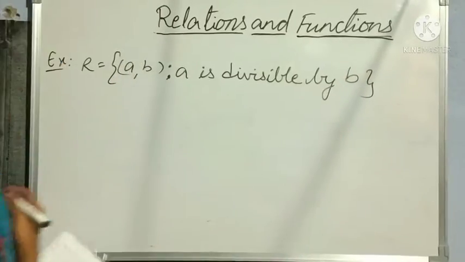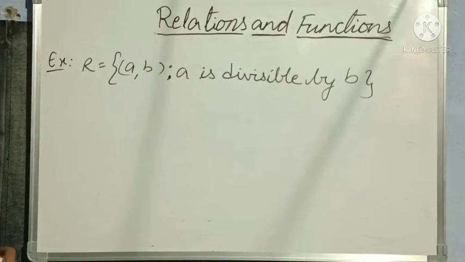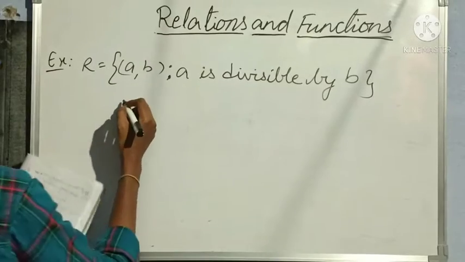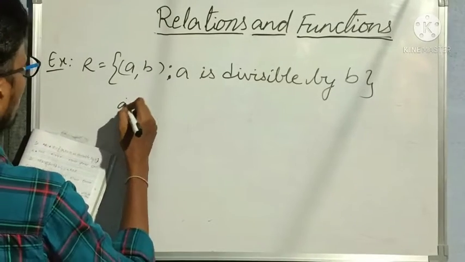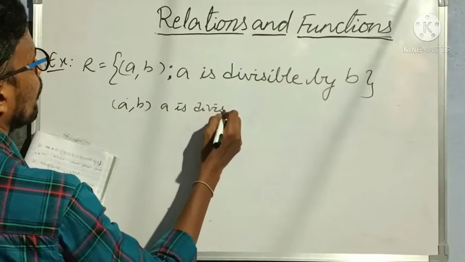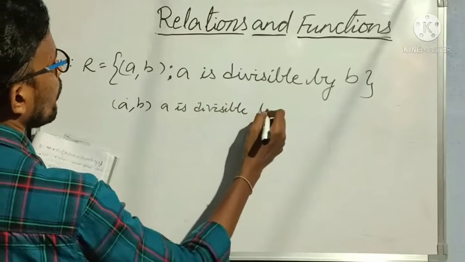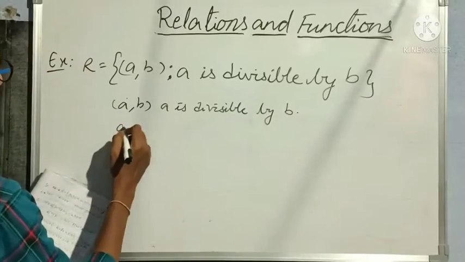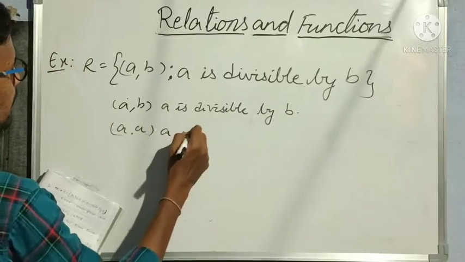This is the condition for (A, B) to be satisfied. Okay. So now if I take (A, B) such that A is divisible by B, then can I take (A, A) such that A is divisible by A?